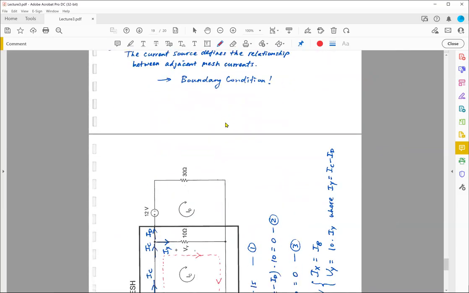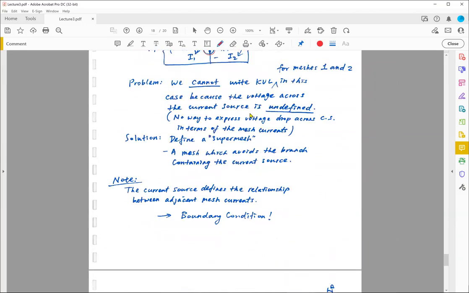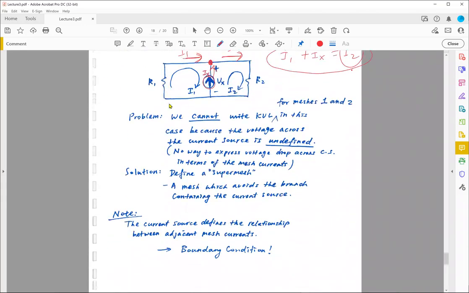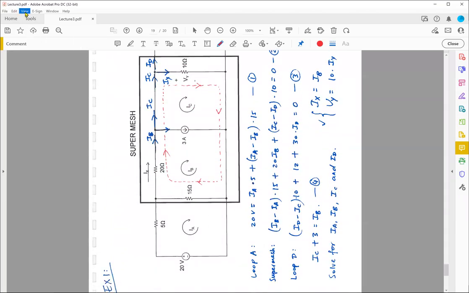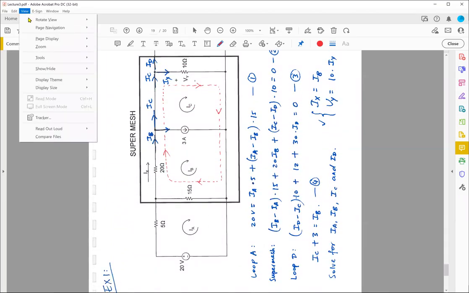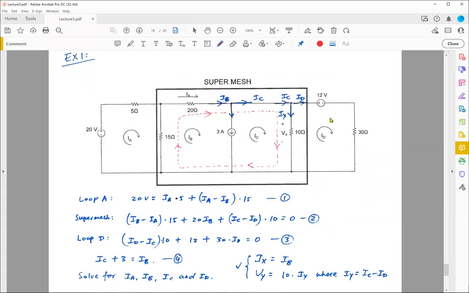Okay, so I'm going to show you two examples illustrating super mesh. And of course, I'm going to rotate this page. I like to go clockwise, as usual. First example, I have a couple of voltage sources, one here and one there.